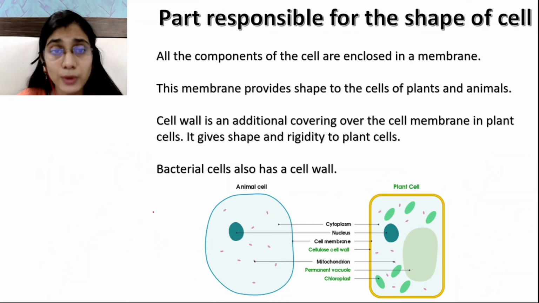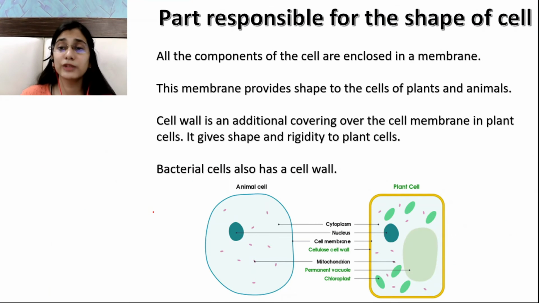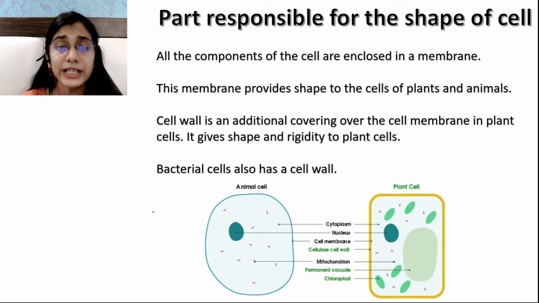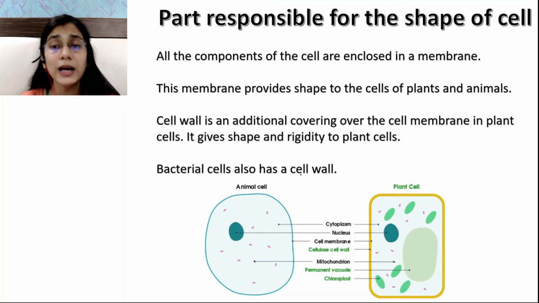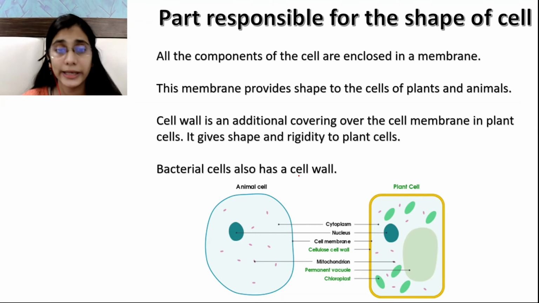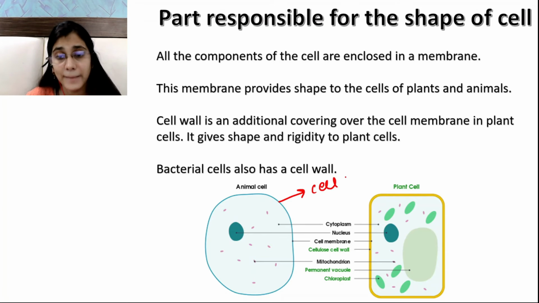Now we'll study the parts responsible for the shape of the cell. There is a dedicated part so that the cell has a definite shape, because the cell has a fluid part, the cytoplasm. So we have to give it a membrane to hold it, and that membrane is known as the cell membrane.